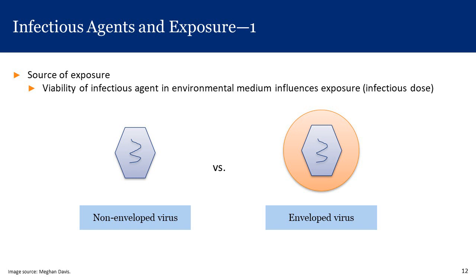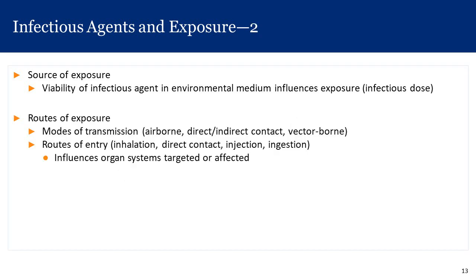And so this can influence, for example, the infectious dose of the exposure of a worker within a system that has these viruses. Equally, the routes of exposure are particularly important. So there are many different modes of transmission of infectious agents. It can be airborne, which could be through droplet or aerosol. It can be through direct or indirect contact. Direct meaning actual physical contact, and indirect usually through an environmental medium.